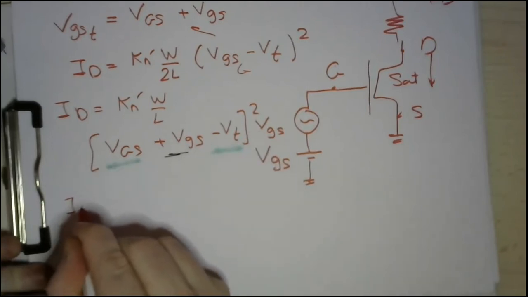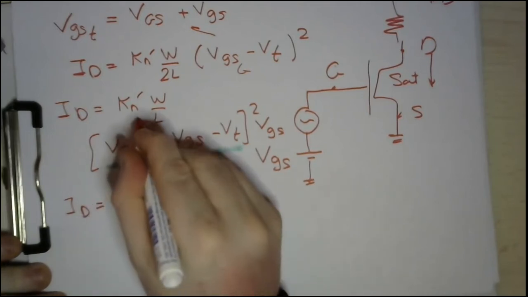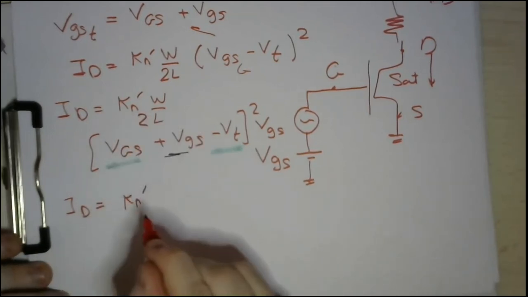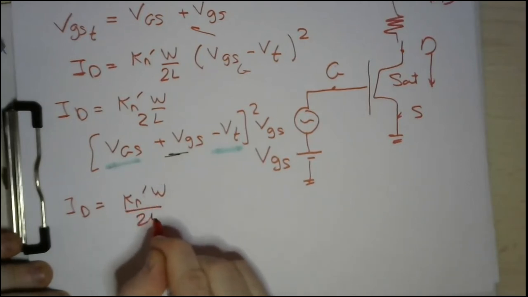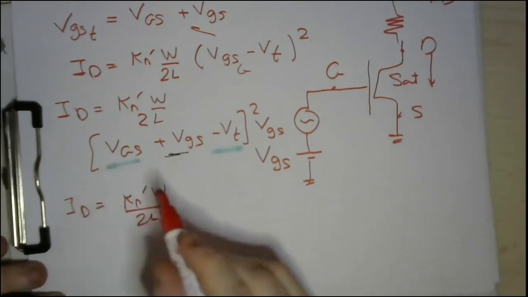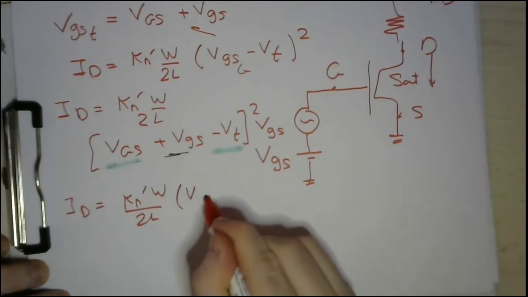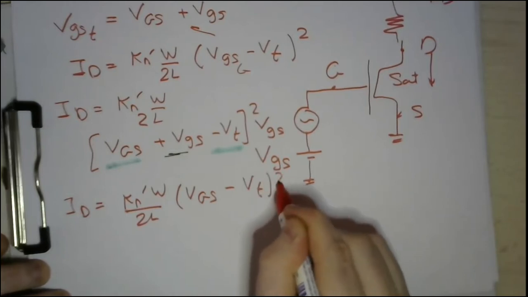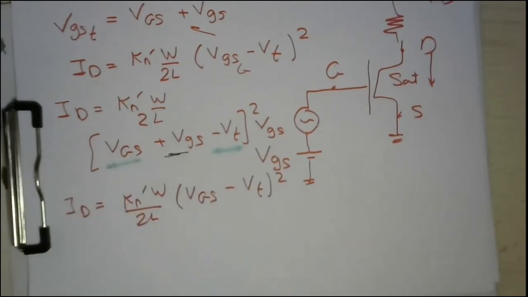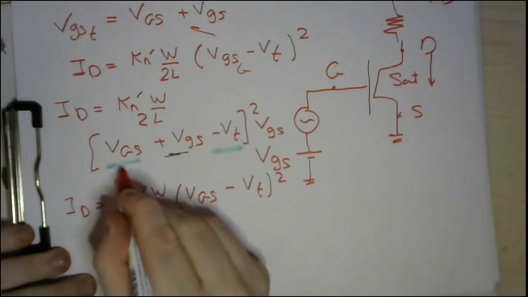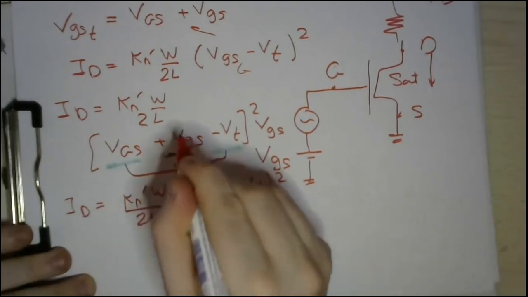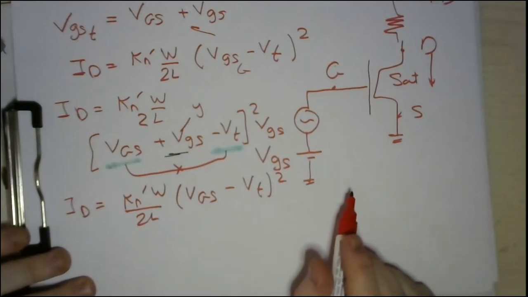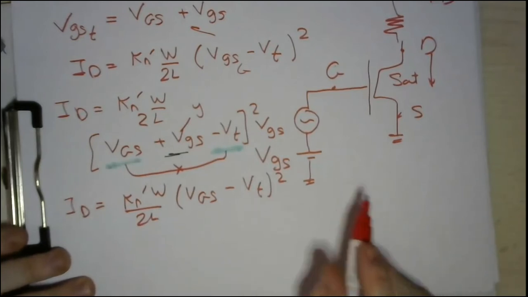So ID equals, there are two here. First we have Kn dash W over 2L, then the first term will be V capital GS minus V threshold all squared, which is, for example, X squared. So let's call this X and this Y. So it's X squared plus 2XY plus Y squared.